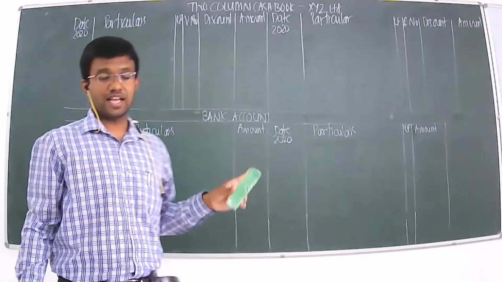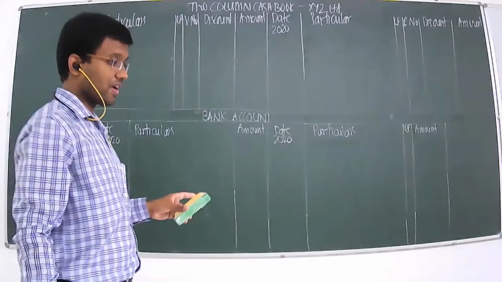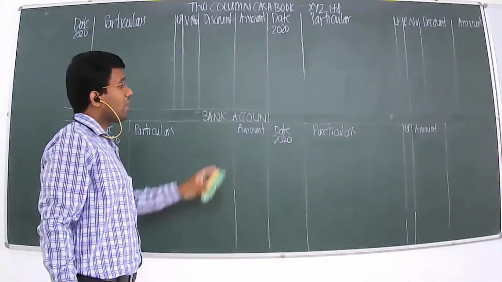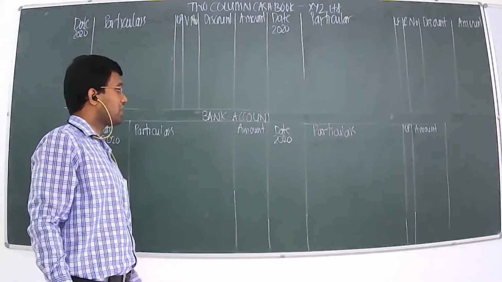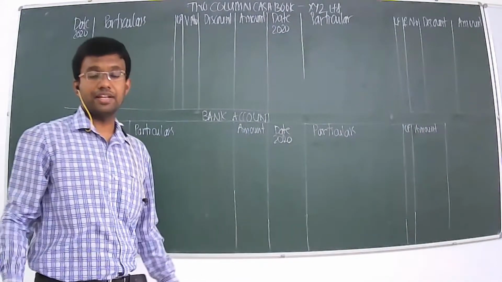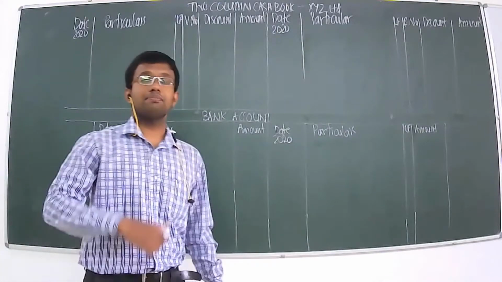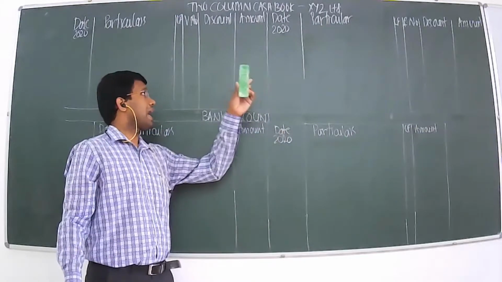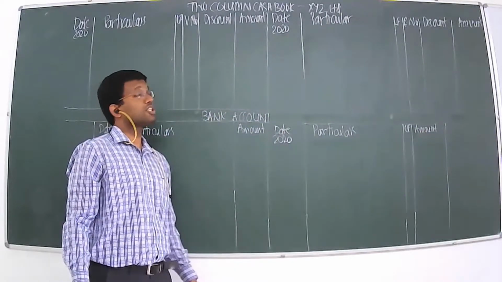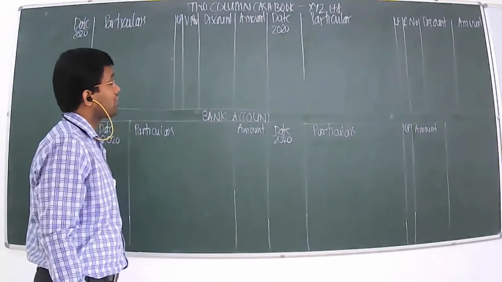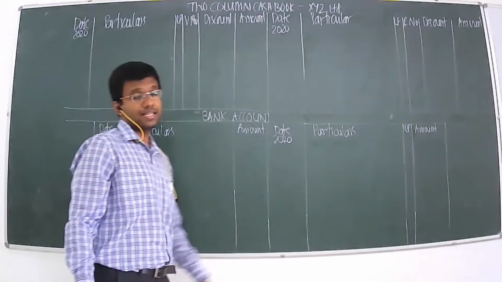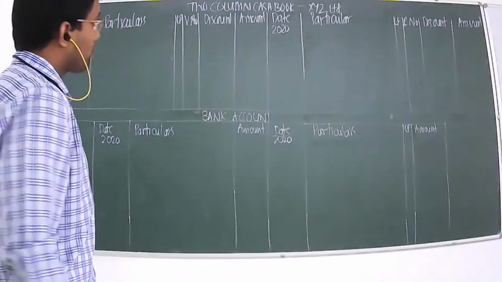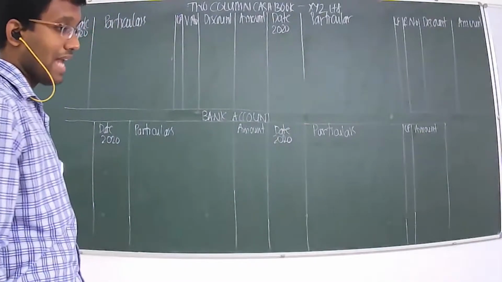The reason why we're preparing a separate ledger account is because checks can be converted into cash only with the help of a bank account. At the same time, cash book is used only for recording cash transactions, and the bank is an extension of your cash book. That's the reason why we have to prepare these two accounts hand in hand.